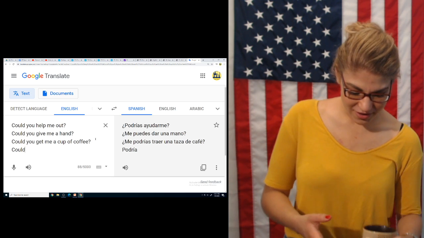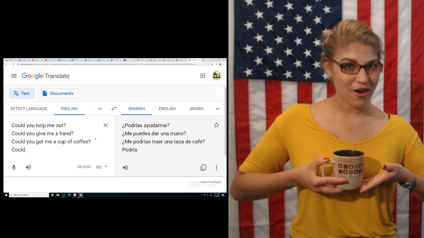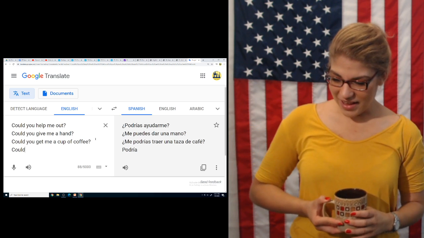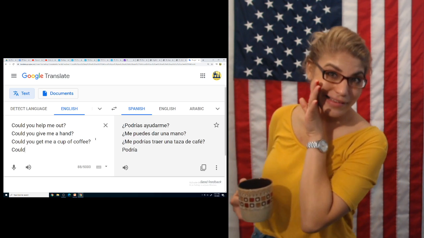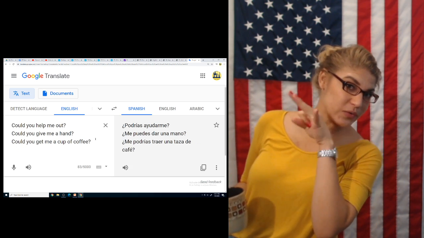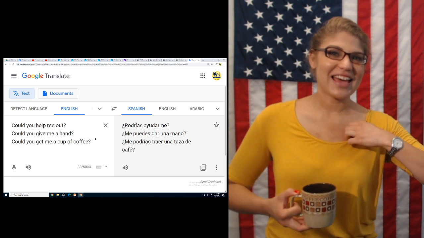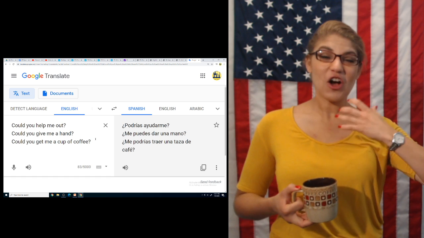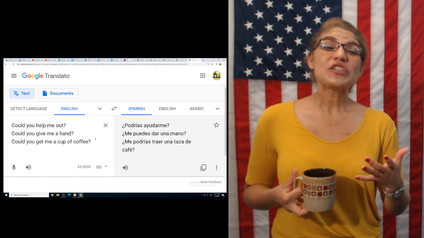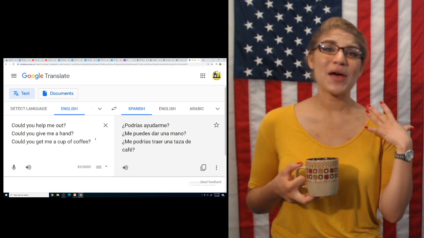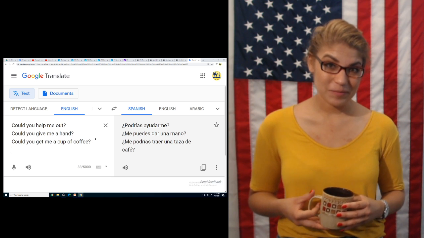I have here a delicious cup of coffee made by the beautiful Miss Evie. Evie made an excellent cup of joe today. By the way, cup of joe is a way to say coffee. So, beautiful Evie made a delicious cup of joe for me this morning.